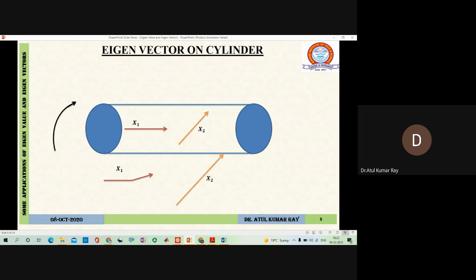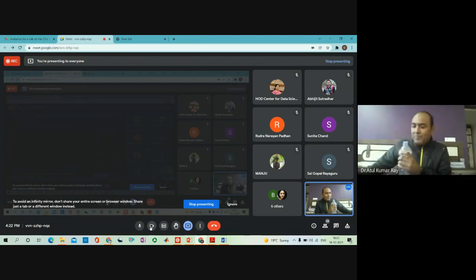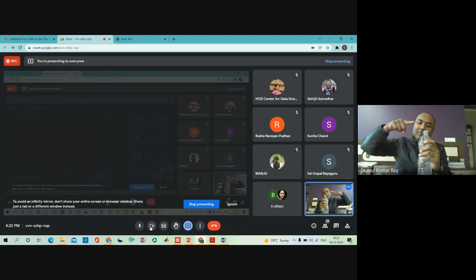Now, if I take one simple example, I hope you all can see me. This is a bottle. This is a live example, okay? So this is a bottle, and I'm putting my finger like a vector over this, and I'm rotating it.